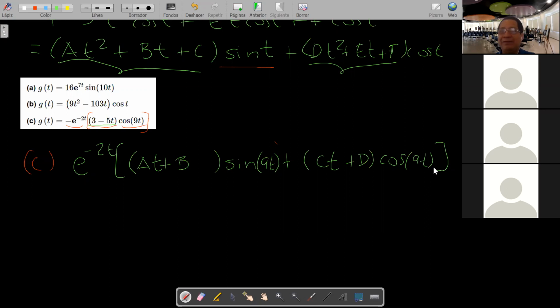Because what if you have a tangent of pi t in the forcing function, can you use the undetermined coefficients method? The answer is no, you cannot. Because you need to have one of these three basic functions or a linear combination of them. Linear being the product or the addition. So that's the restriction of this method.